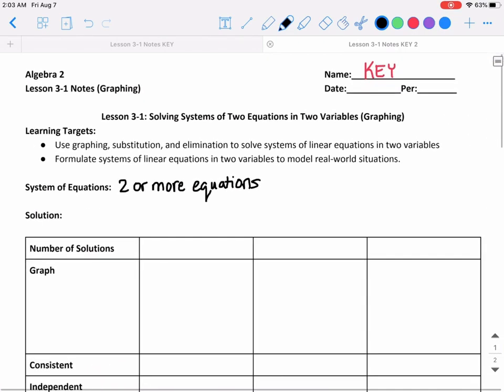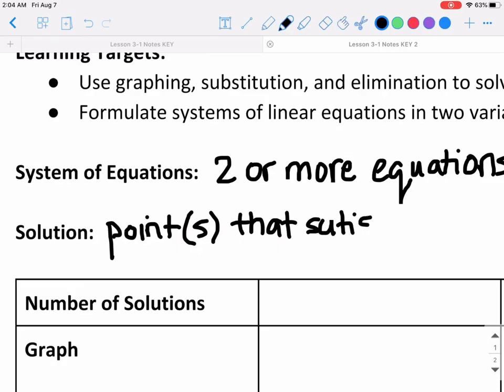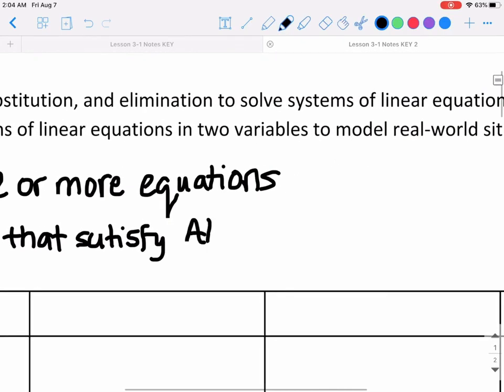A solution to a system of equations is the point or points that satisfy all the equations in the system.